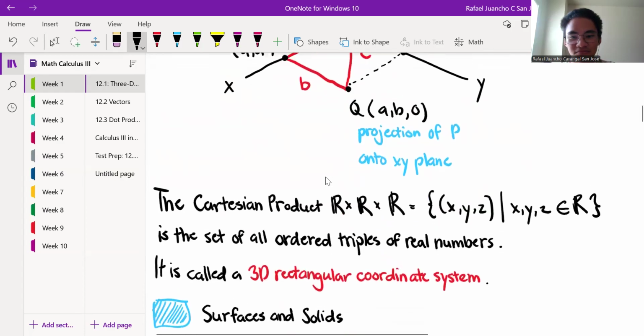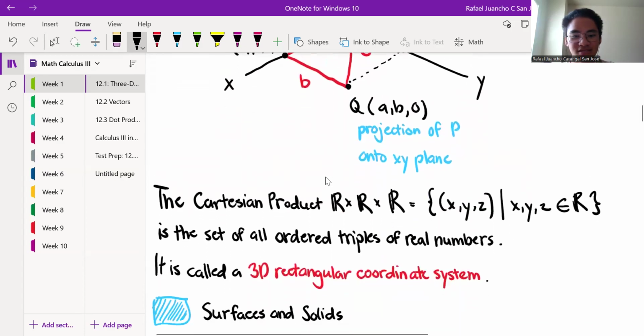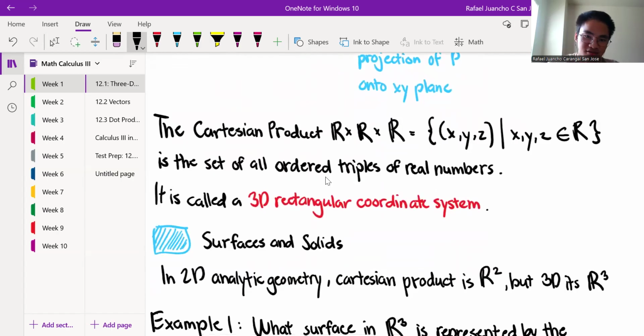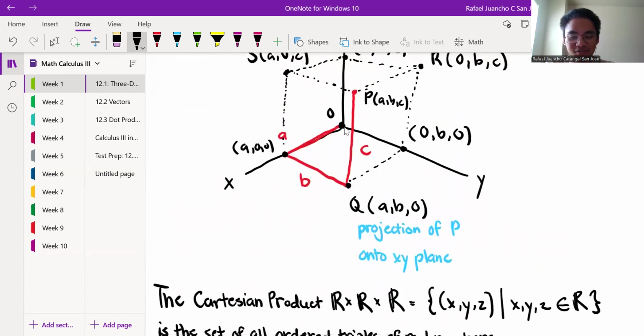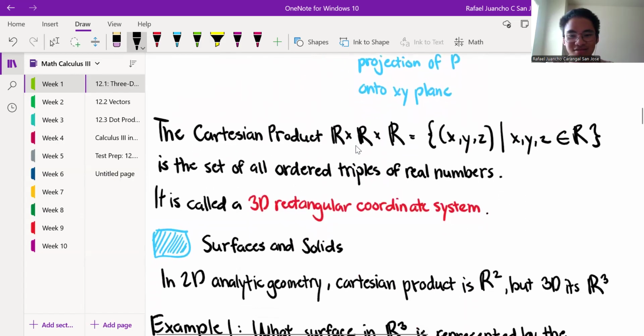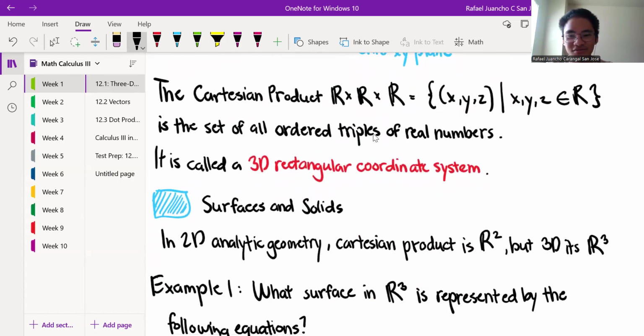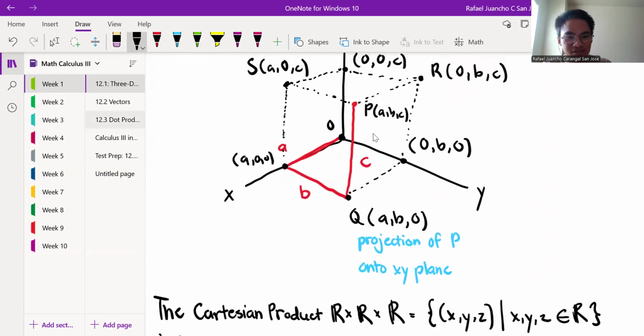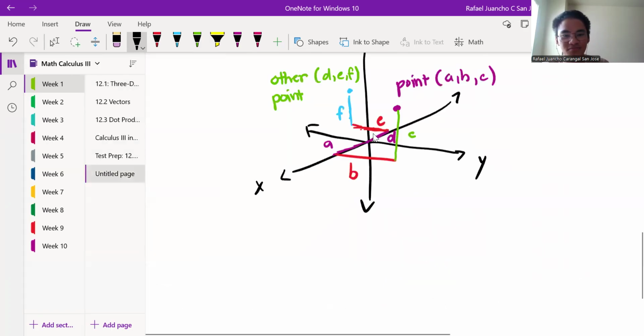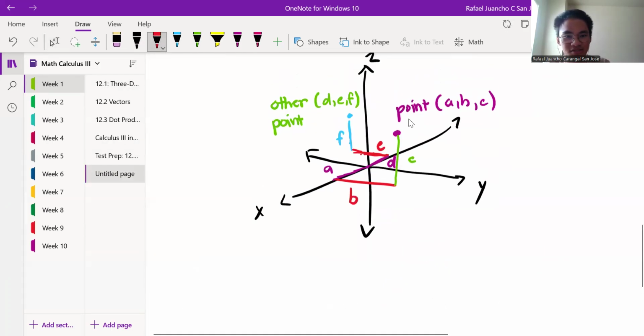Now, yeah, it still has these terms. And we have this thing called a Cartesian product, where basically if you multiply the plane, the space, you get a set of all ordered triples of real numbers. And yeah, it makes sense. There are so many possible points you can get in this space. You can get this point, this point, this point.